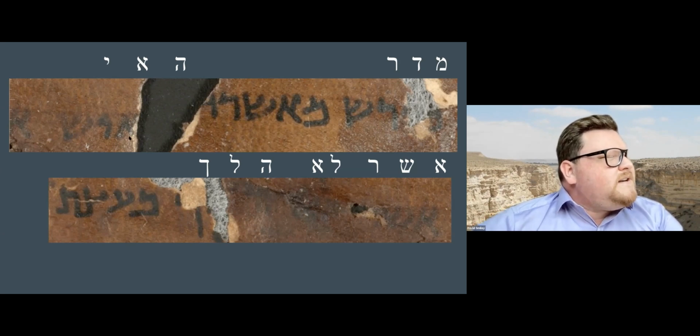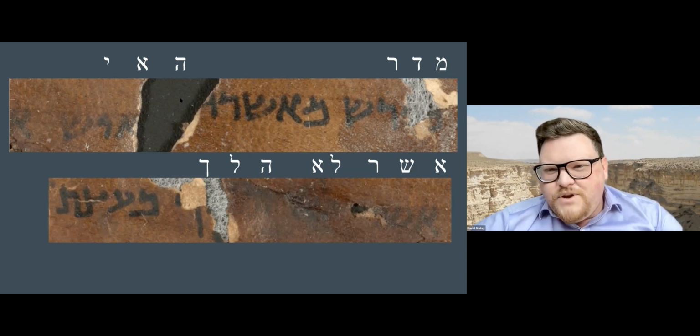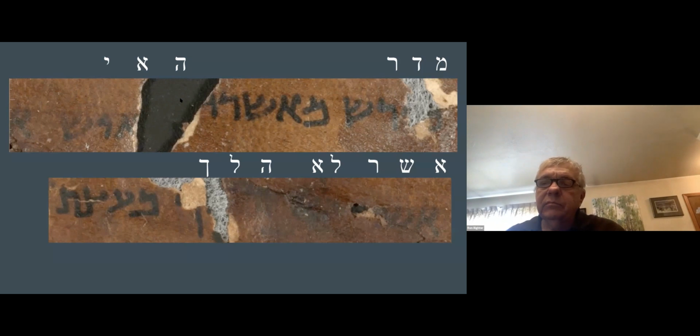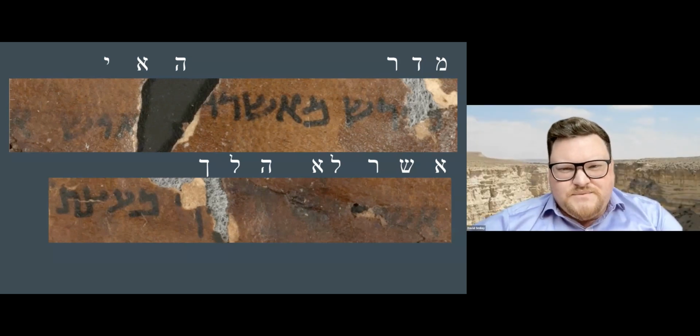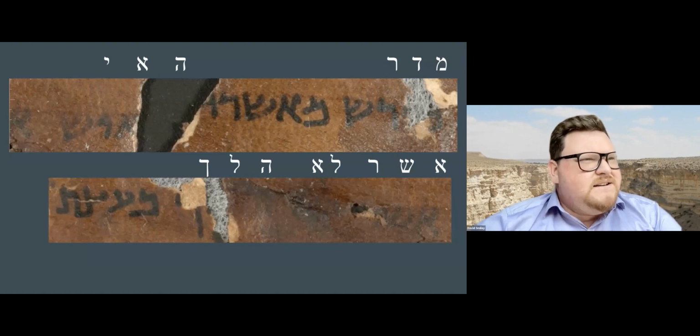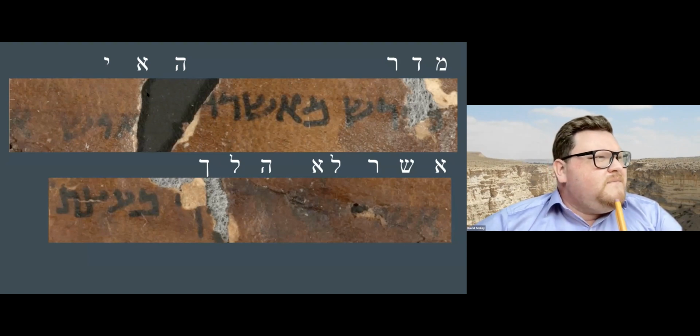However, we see that there's a yod and a sheen over here. And since I primed you guys to go into this exercise with Psalm 1 and Psalm 2 in mind, we could reconstruct what's happening here.